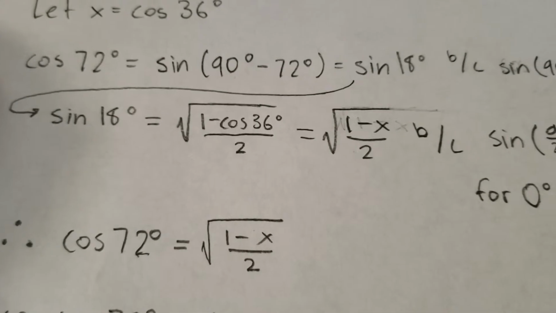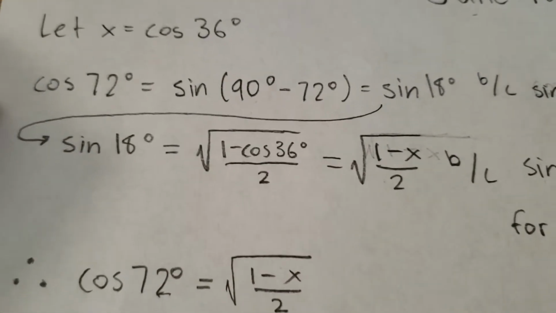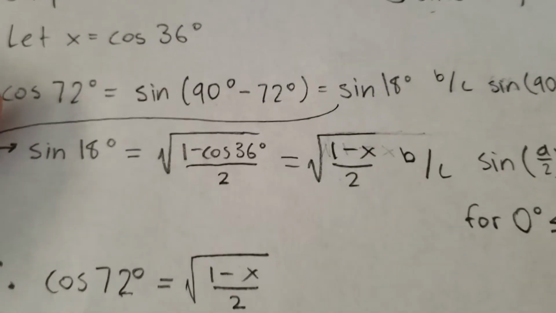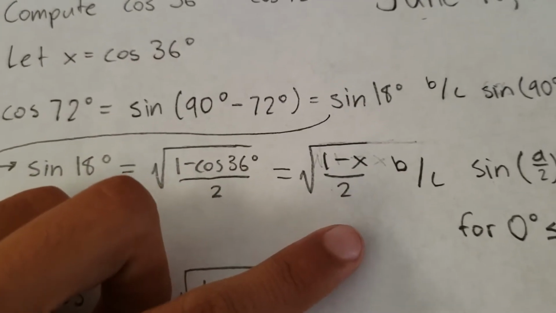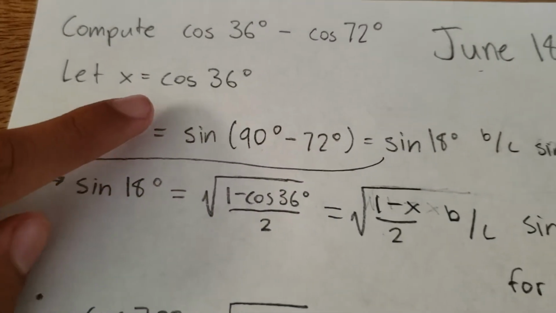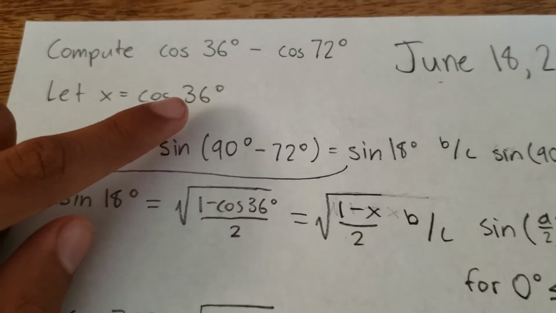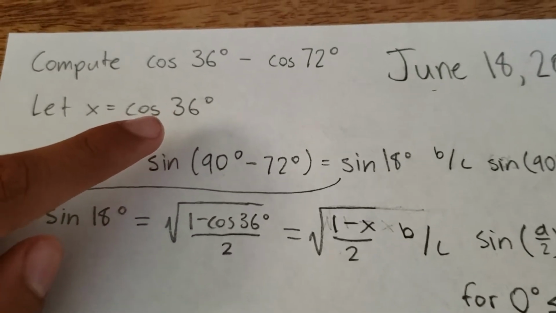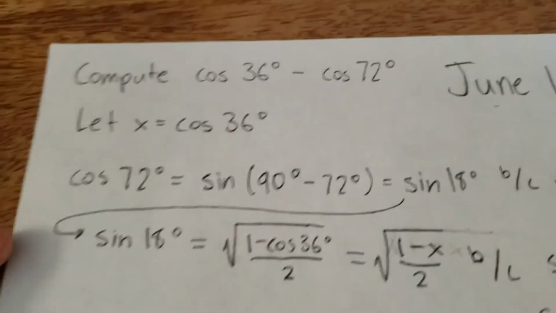So we find that cosine of 72 degrees is the square root of (1 minus x) over 2. By the way, I'm letting x equal cosine of 36 degrees. I just want to clarify that in advance. It's going to make things a lot easier to read later on.